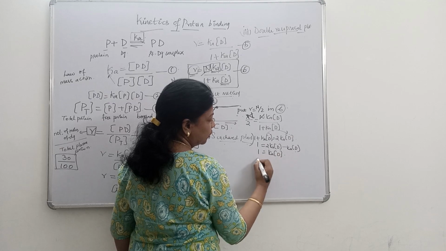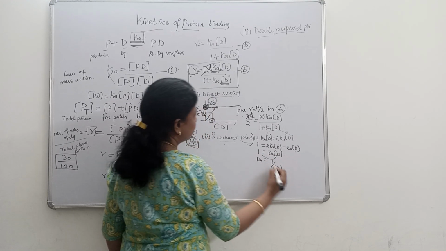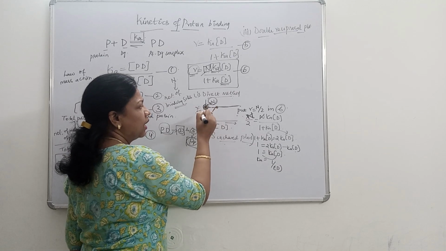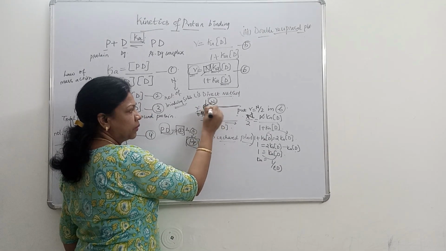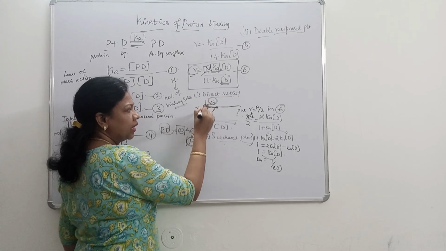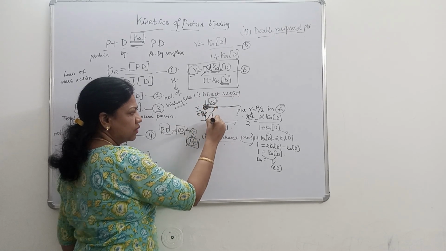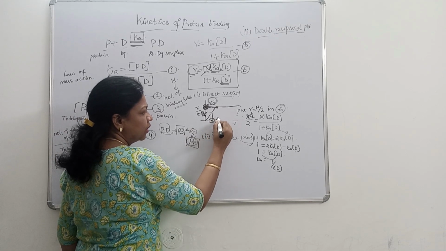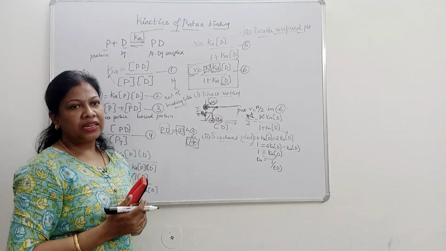So Ka will be equal to 1 upon D. So when you take half of the maximum value, which is N, and extrapolate this curve, you get here the 1 by Ka. So the reciprocal of this will give you the Ka value.